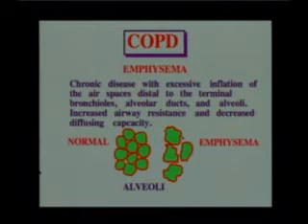The first thing you might notice is that the walls between them are broken down. So they're overdistended, and these walls between them are broken down. You may notice that there's fewer total red lines over here. So that means that there is less diffusing capacity. There's fewer blood vessels there to pick up the O2 and give up the CO2.